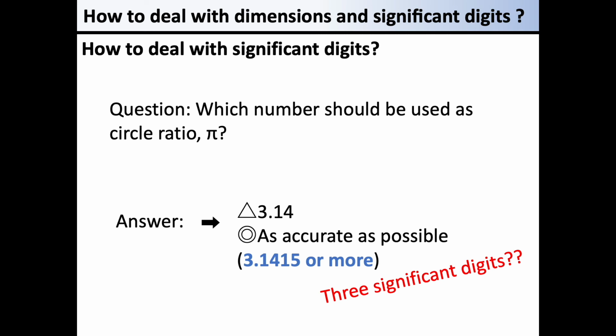If you can use a calculator, there is pi in the calculator, so you may use it. From now on, when you are involved in research and design, you have to enter as many digits as possible for pi. It may be 10 or 11 digits. That is the way it should be.